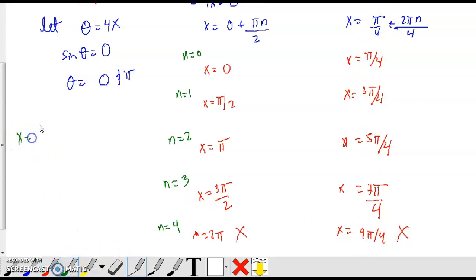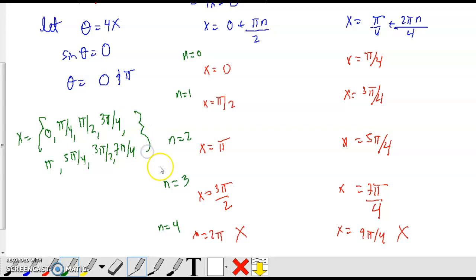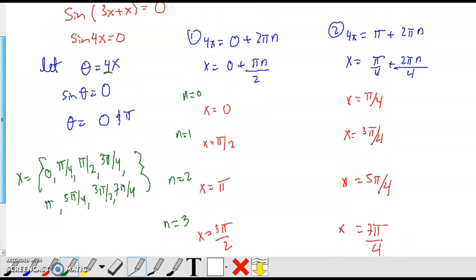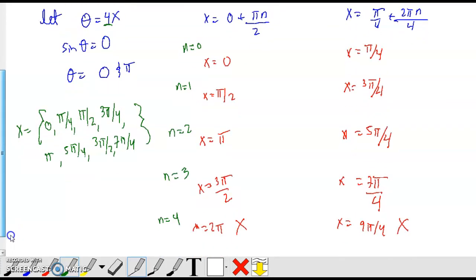So our answer, x is equal to, you should have gotten 0, pi over 4, pi over 2, 3 pi over 4, pi, 5 pi over 4, 3 pi over 2, and 7 pi over 4. We should have had 8 numbers. 1, 2, 3, 4, 5, 6, 7, 8, because notice that we had a 4 in our problem. Right? It wasn't in our original problem, but it was still in our problem.